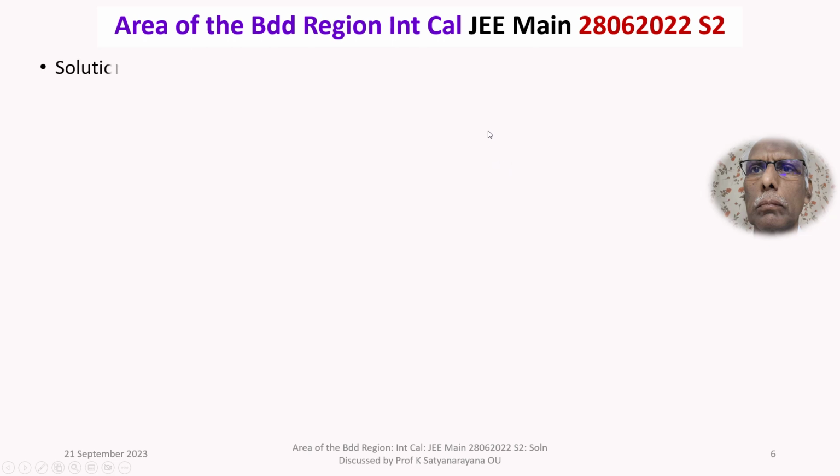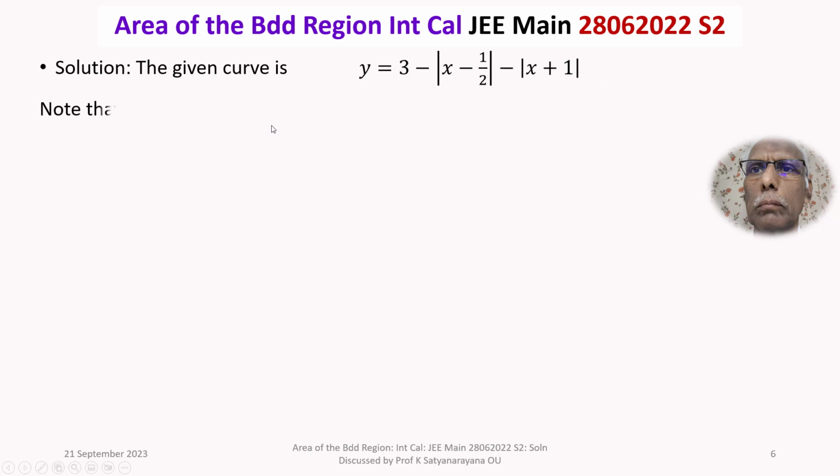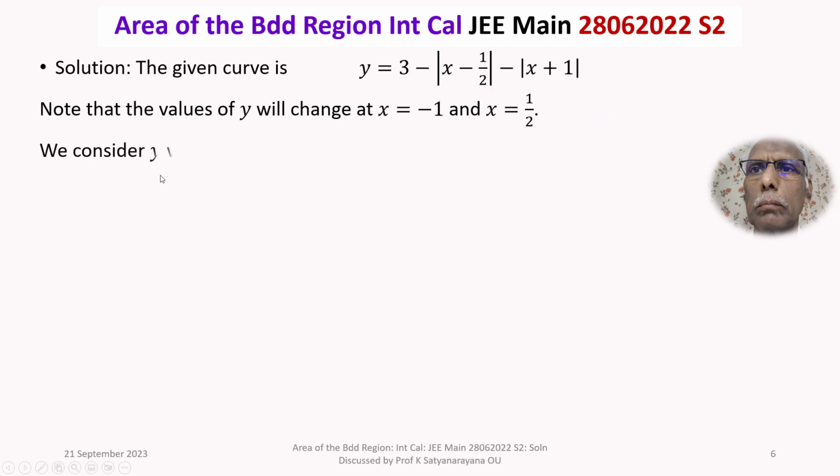We now discuss the solution of the problem in detail. The given curve is y equals 3 minus mod of x minus 1 by 2 minus mod of x plus 1. Now it is clear that the values of y will change at x equals minus 1 and x equals 1 by 2. How they will change, we will see.